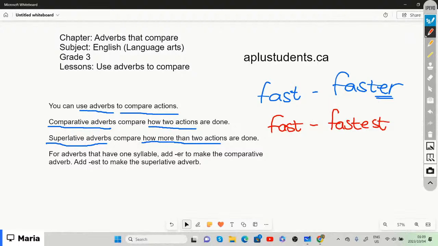You're comparing it to more than two actions. So fastest is an example of the superlative adverb, where you're comparing how more than two actions are done.